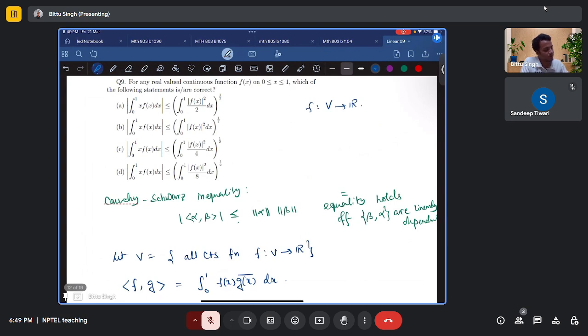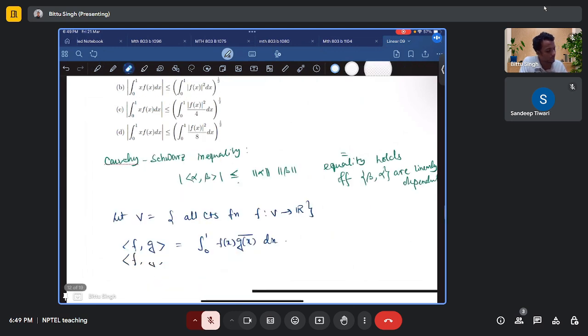This is the inner product. We can easily check why, because it is a similar check, like a times b bar. Okay, so this is an inner product, and if instead of g we just put x, then what happens?